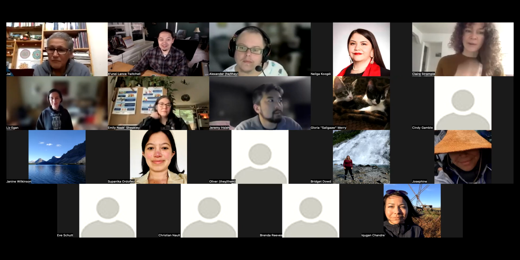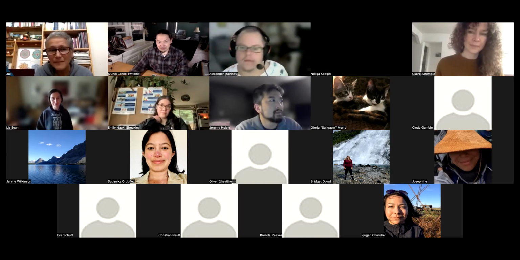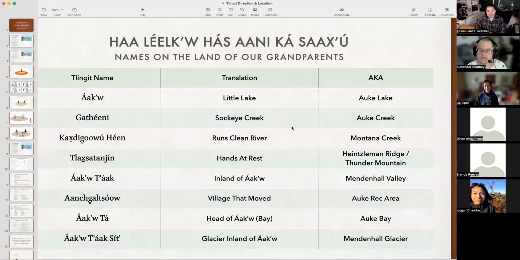And we're going to talk about names on the land. So we'll start here. So here's a bunch that are in this area. Collectively, we could call this area áax'w. That's probably the best name, I think, if you're going to talk about the whole Juneau area.